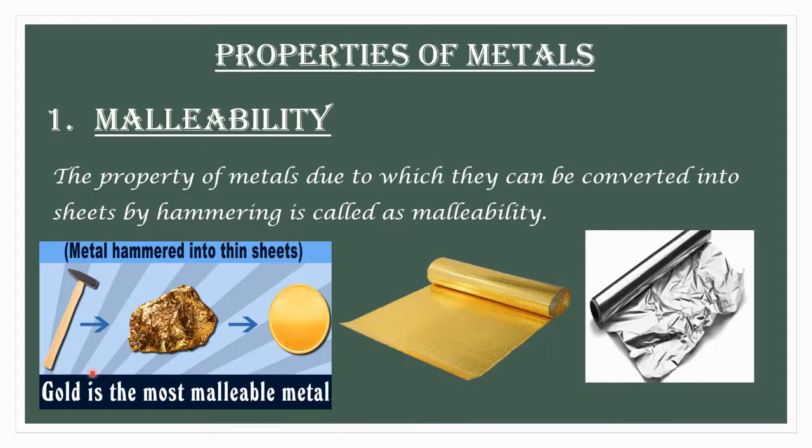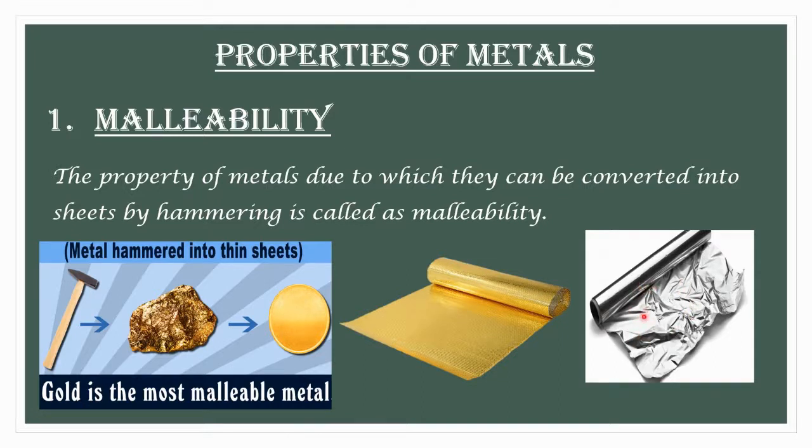So the first property of metals is malleability. Now you can see in the picture that when raw gold is hammered again and again, it gets converted into a thin sheet. So we can say that gold is the most malleable metal. The other picture is of aluminium foil.